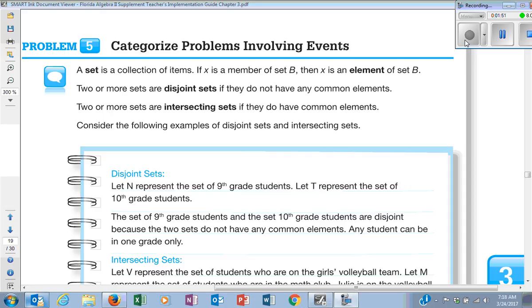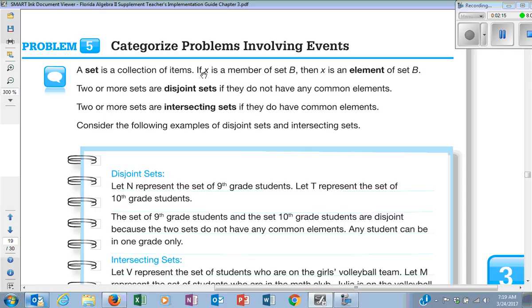If you have all 375 of those cards, you have the complete set. Okay? So that's kind of what a set is. It's a collection of items. And if X is a member of the set, if you have a card, right, and that's a member of the set, then X is an element. So a member of the set is called an element.